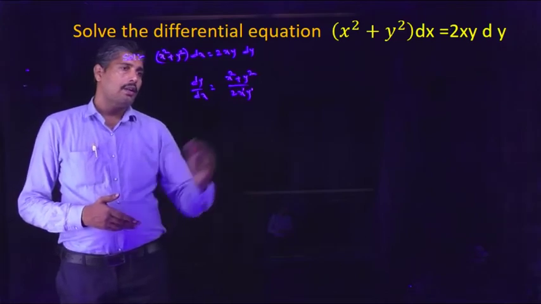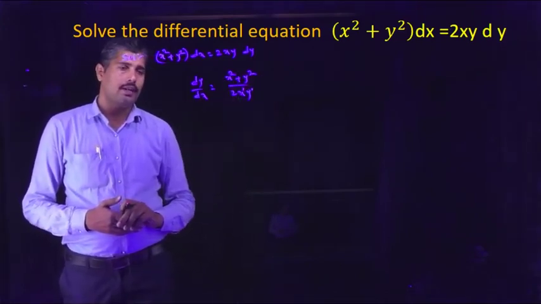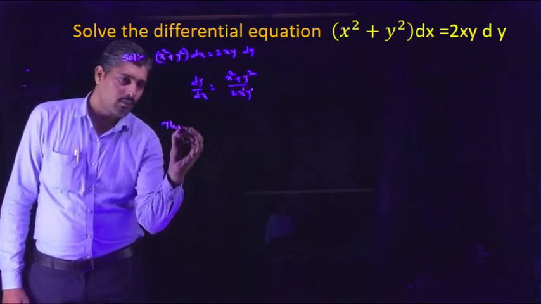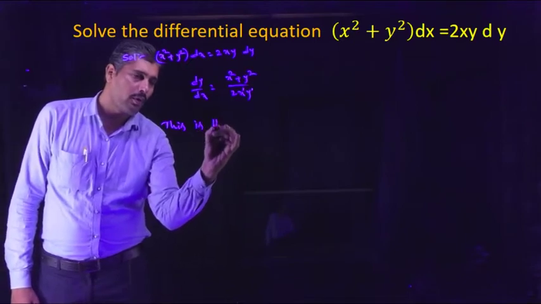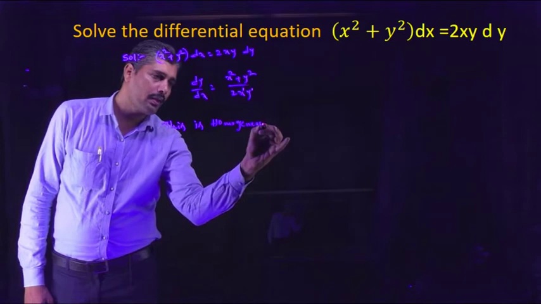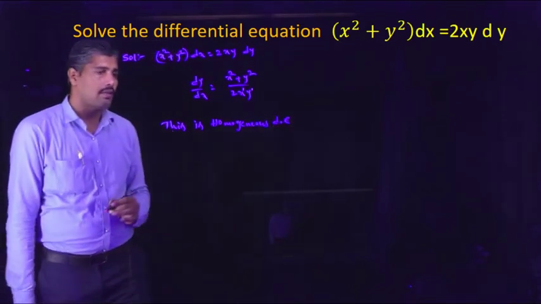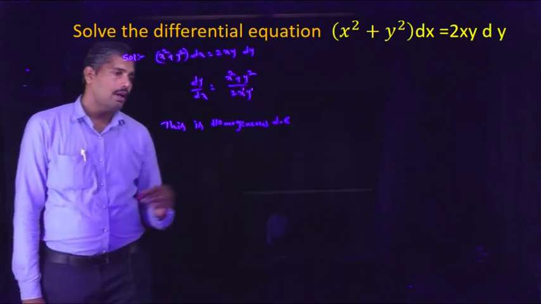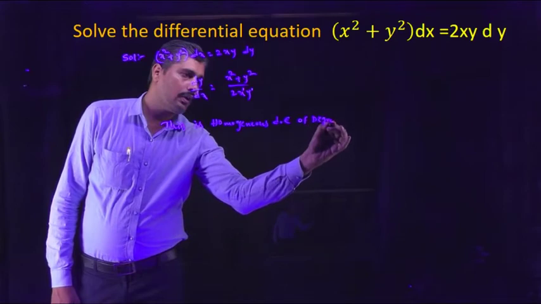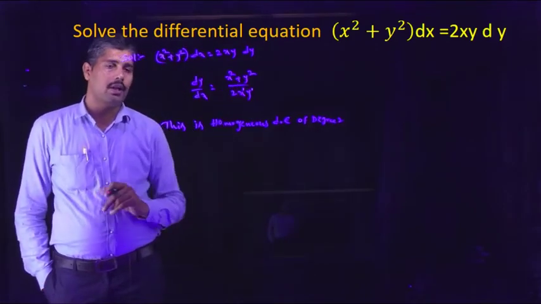Degree is 2, here degree is 2. Therefore, this is a homogeneous differential equation of degree 2. Numerator degree 2, denominator also degree 2.